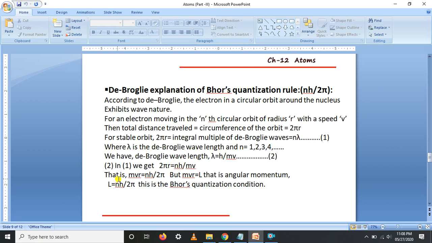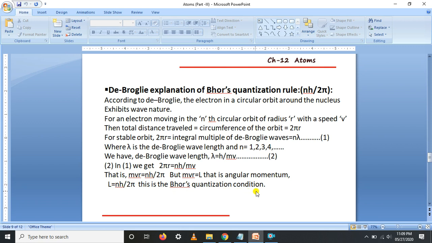Then mvr is equal to nh divided by 2π. But mvr is equal to L, capital L, which is the angular momentum. So L is equal to nh divided by 2π. This is Bohr's quantization condition.